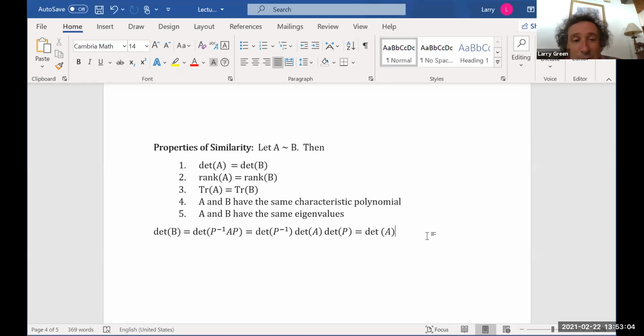Okay, so if you don't remember, let me remind you. If you start out with a matrix, and we're talking square matrices by the way, and you multiply that matrix by an invertible matrix, you don't change the rank. That was a theorem we had, that the rank is not changed by multiplying by an invertible matrix.